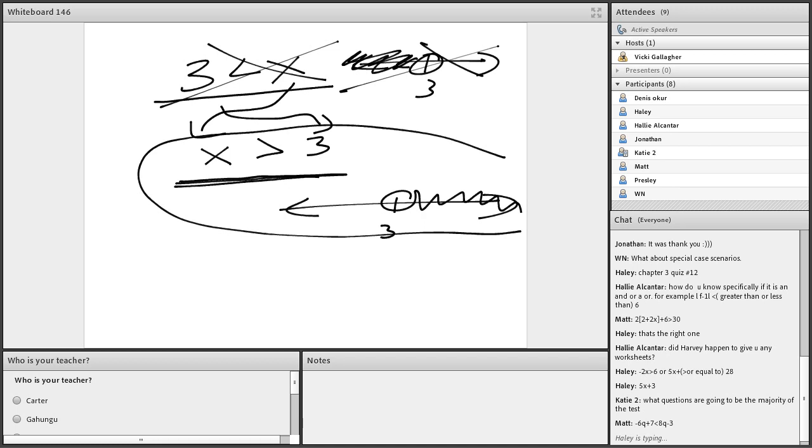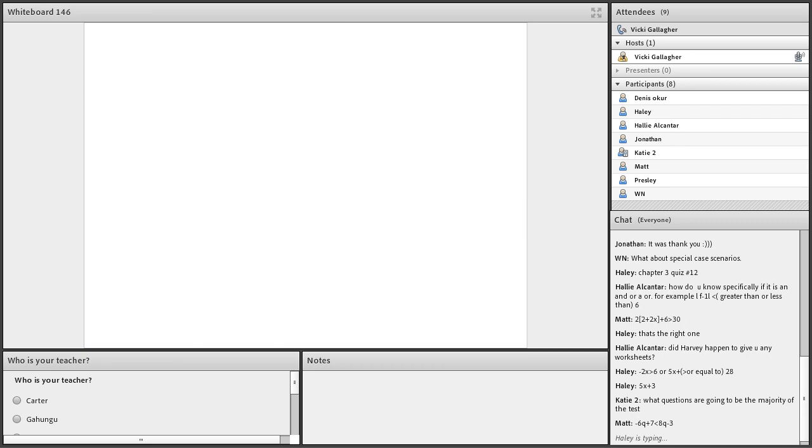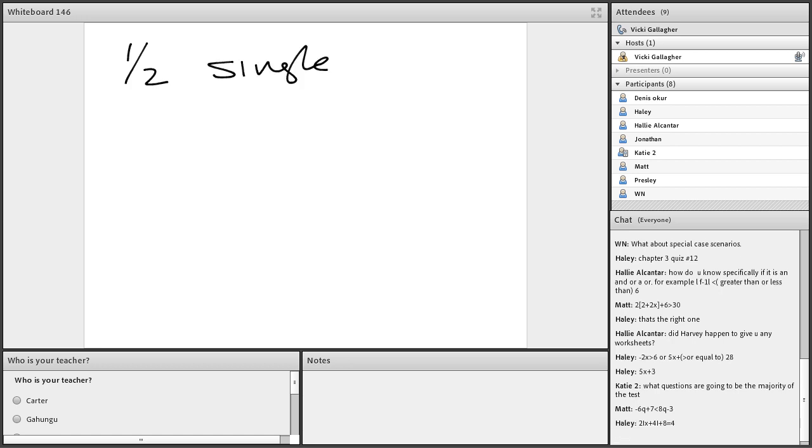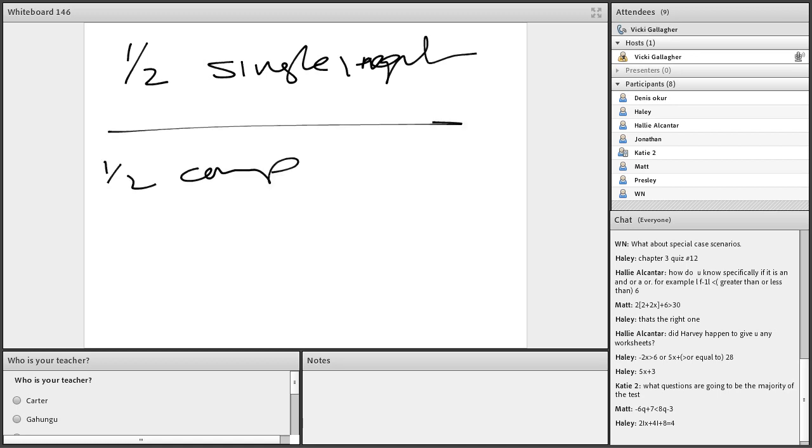Sorry, excuse me. Going back to what types of problems there were, it's probably about half just straight up regular single inequalities because we spent the most time on that. And then of the other half, half will be compound and half will be absolute values.